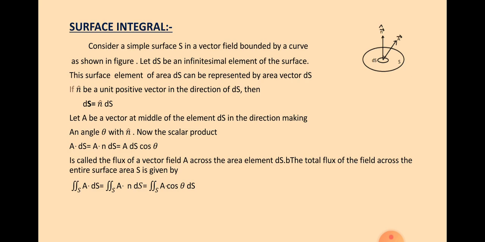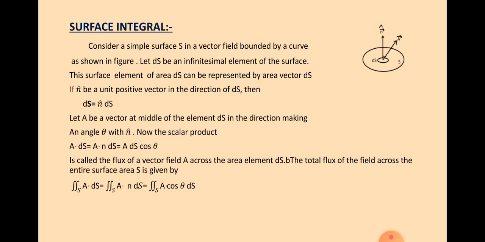For this reason, we often call the surface integral of a vector field the flux of the vector field A across the area element dS. To get the total flux, we calculate over a small element and then integrate the entire equation.